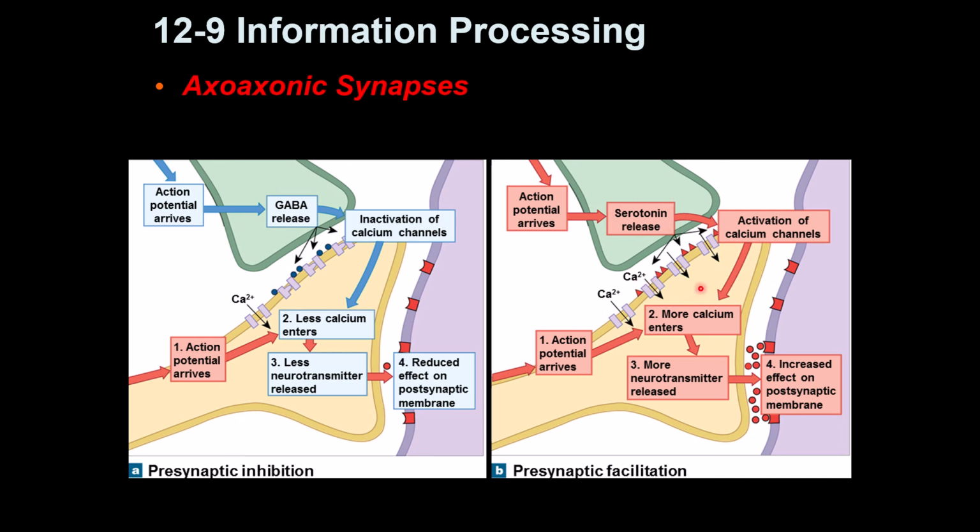When more calcium enters, more vesicles attach to the presynaptic membrane, more neurotransmitters are released, and those neurotransmitters attach to these channels and stimulate the postsynaptic membrane a lot more. So it depends on the type of neurotransmitter that is released from a third neuron, then the final outcome will be very, very different.